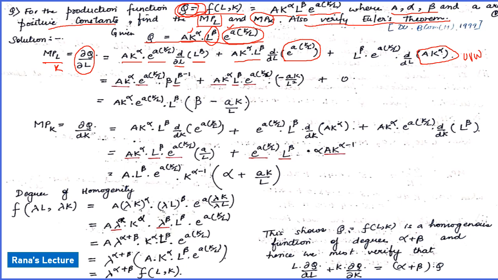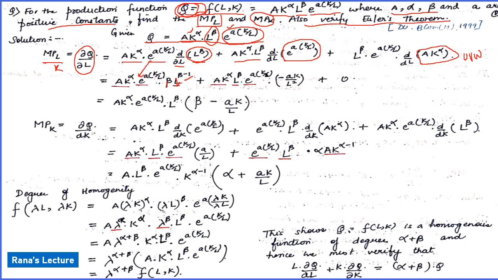Product rule of the differentiation. We are differentiating this, so what will be the result? This will be L to the power beta है, तो beta power आगे आ जाएगा, that is beta. Then ये -1 हो जाएगा, L to the power beta minus 1, right? And other things as it is, right?